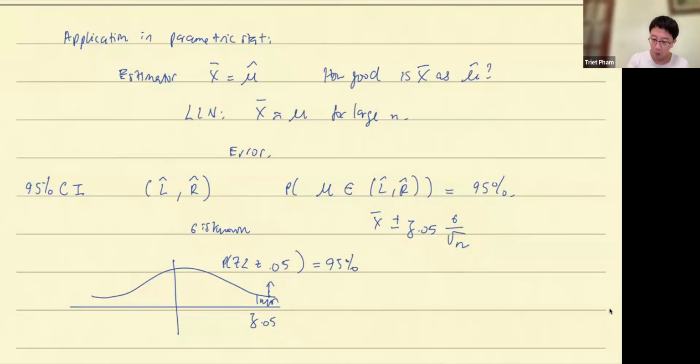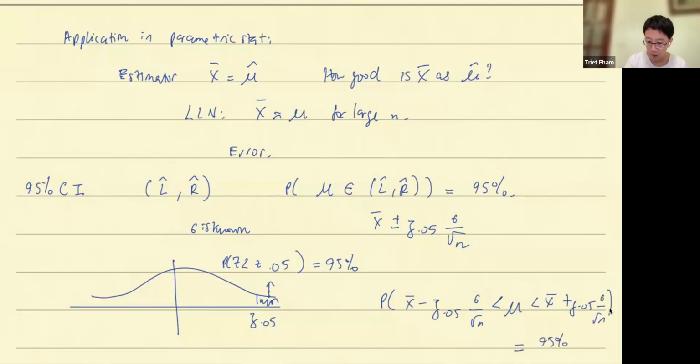The question is, if you form this, which is a reasonable quantity, why is it that the probability that this number, which is an unknown number, belongs to this interval, that is, the probability that x bar minus z 0.05 times sigma over root n is less than mu, less than x bar plus z 0.05 times sigma over root n, must be 95%?